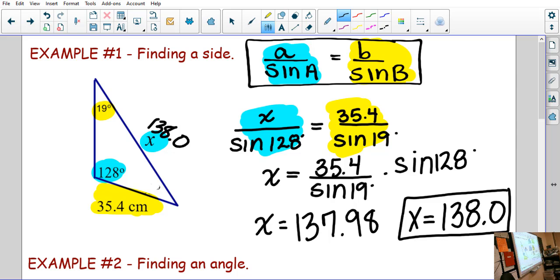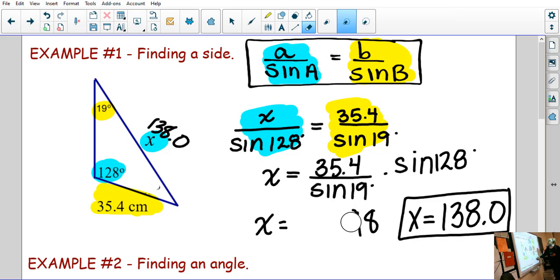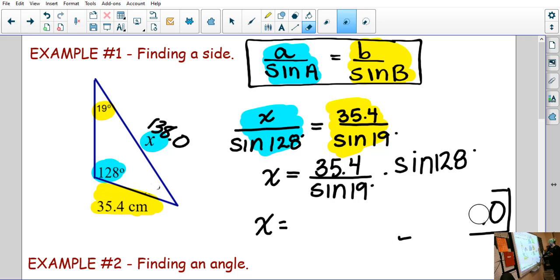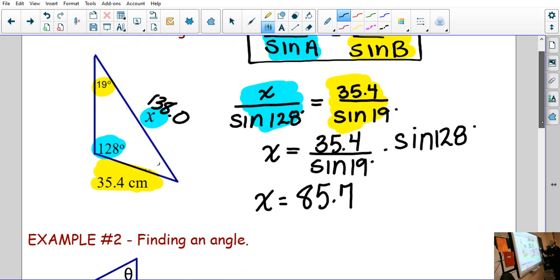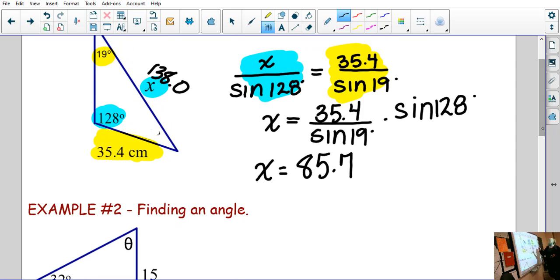Times, I hit the wrong button, sine 128. 85.7. Okay, sorry about that. I'll change this too.